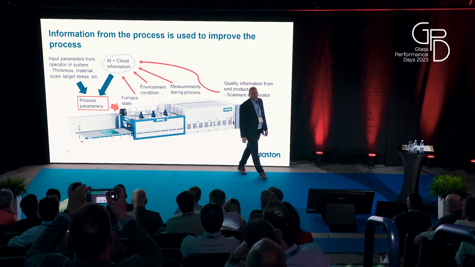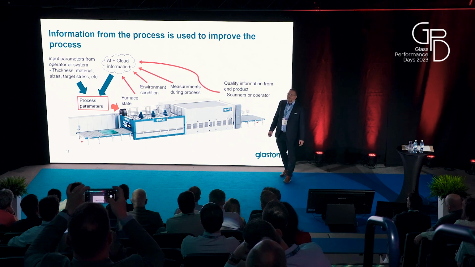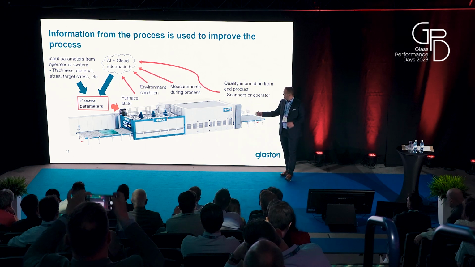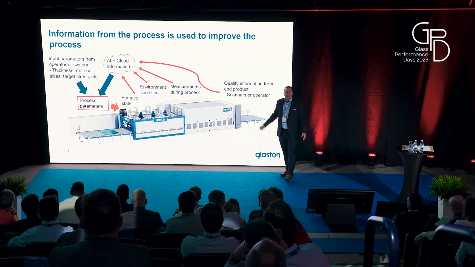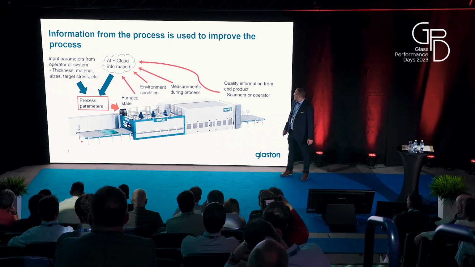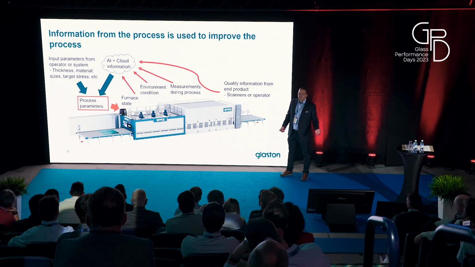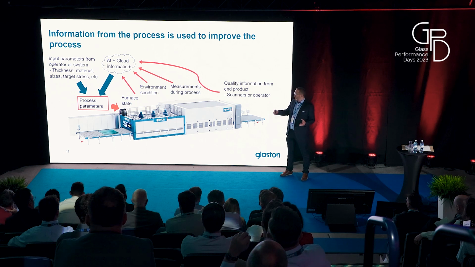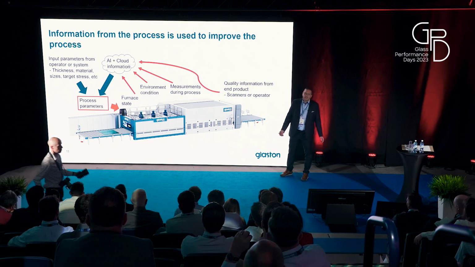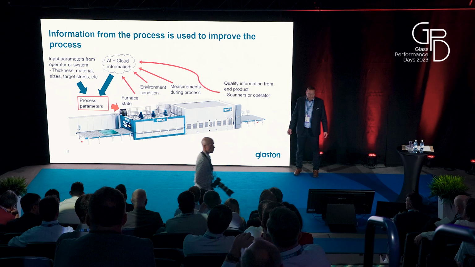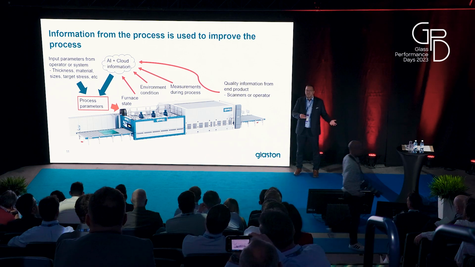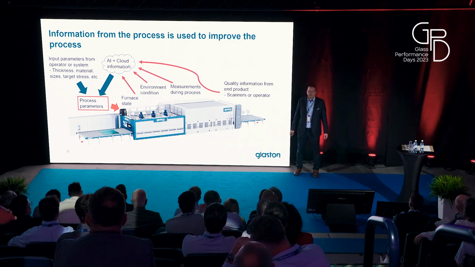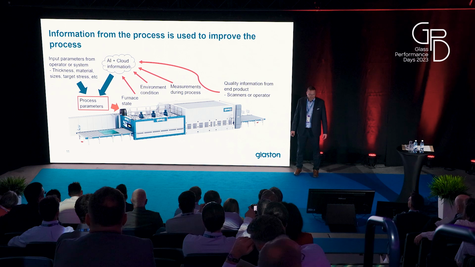I would say that there are tens of different measurement points in the furnace and chiller together. It measures the temperatures and the environmental conditions in or around the process, and those affect the result you get from the tempering process.